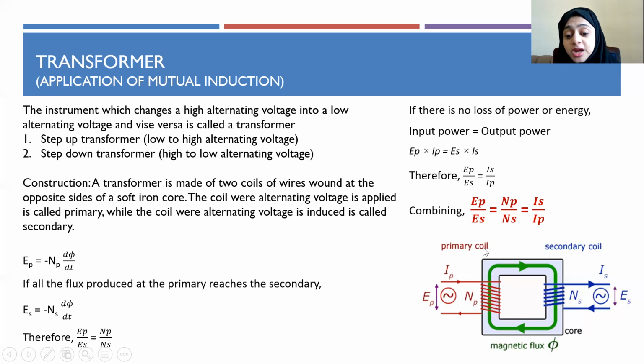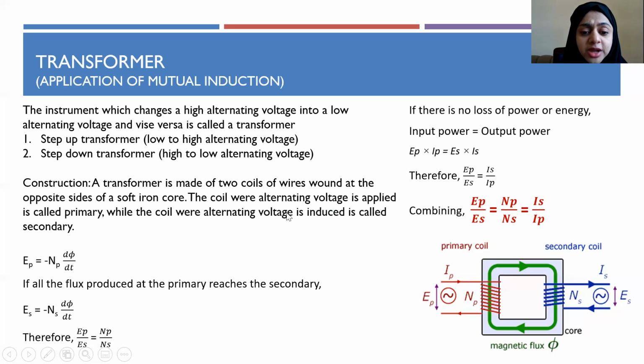So this is called the primary coil. We are applying a voltage called EP to the primary coil, and a current IP flows through this primary coil. Suppose the number of turns in this coil is NP. So this is the primary where we apply the voltage.